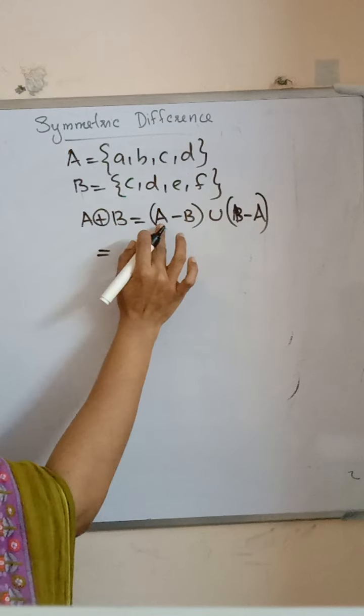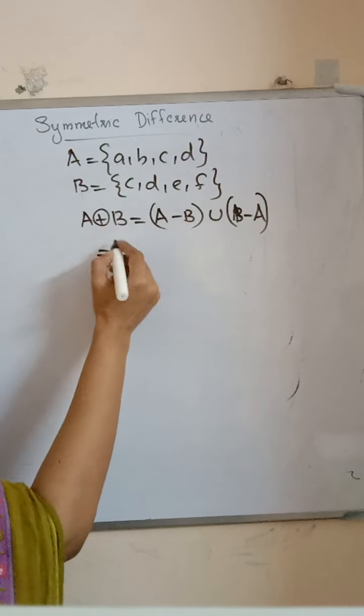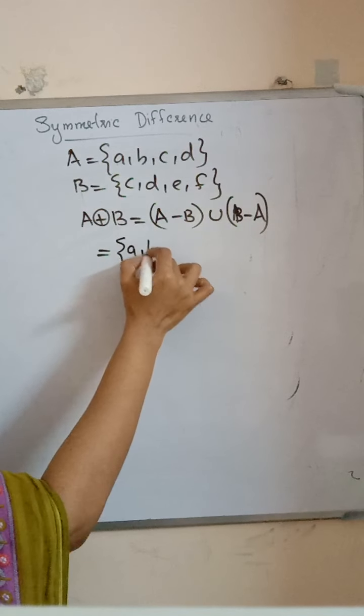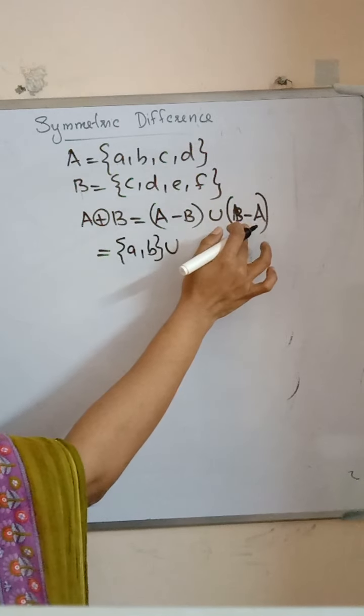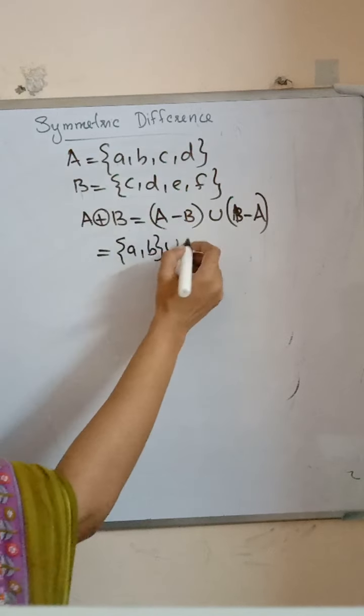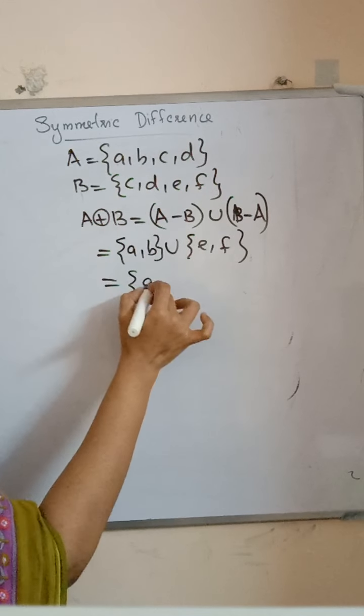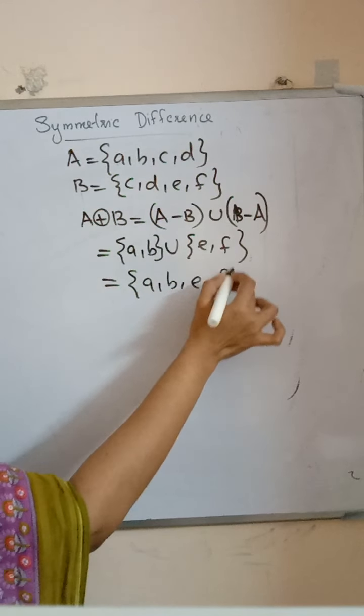Here A difference B is the elements in A but not in B, that is set {a, b}. Set {a, b} union B difference A, elements in B but not in A, that is set {e, f}. Therefore A Δ B is equal to set {a, b, e, f}.